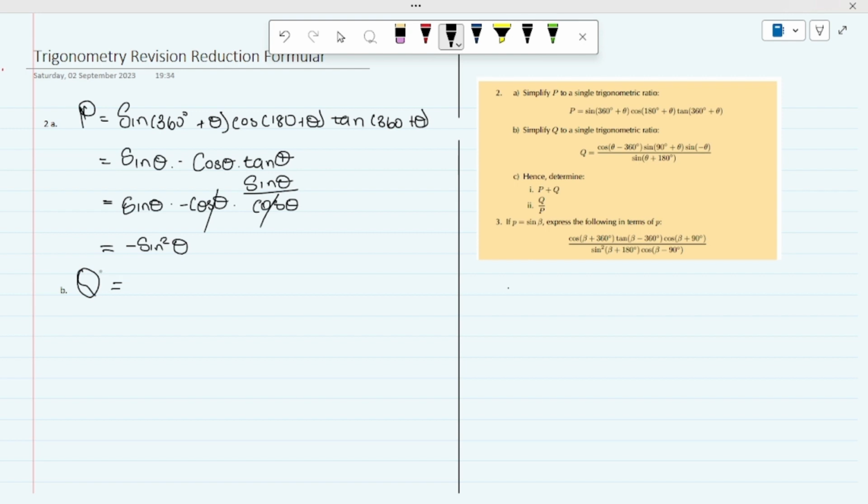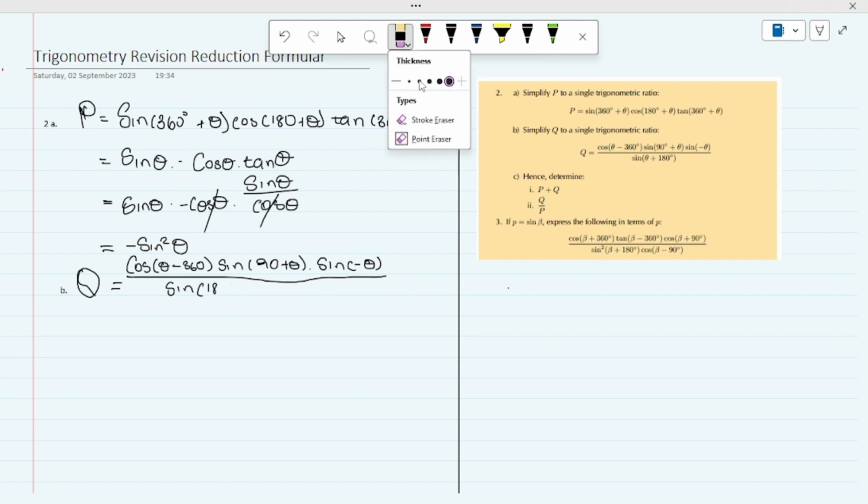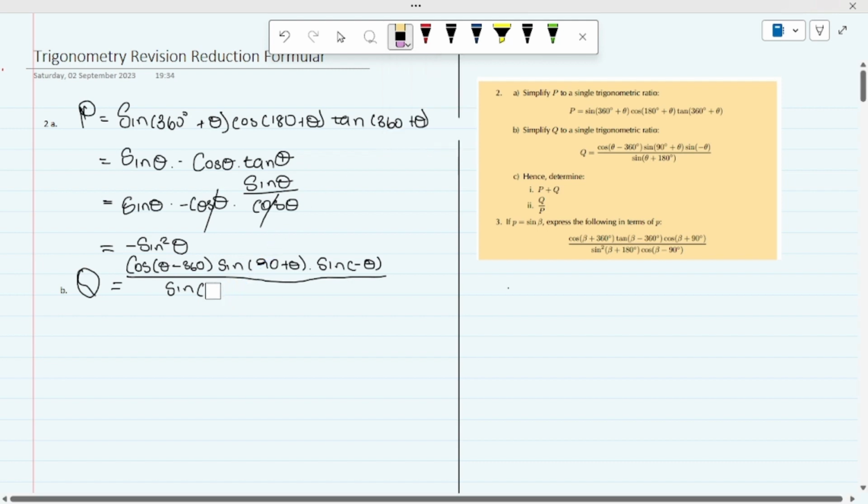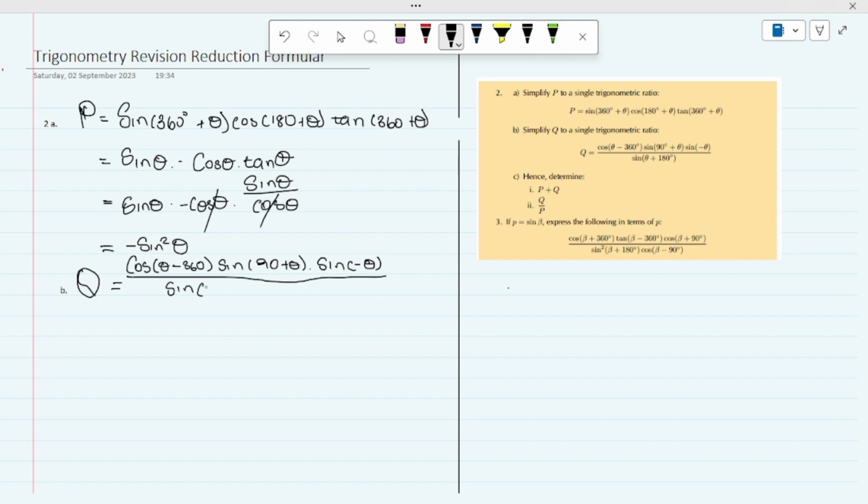It's gonna be cos theta minus 360 degrees, and then it's gonna be sine 90 plus an angle, and then multiply by sine of a negative angle, and this is all over sine of, made a mistake, so it's gonna be sine of an angle plus 180.